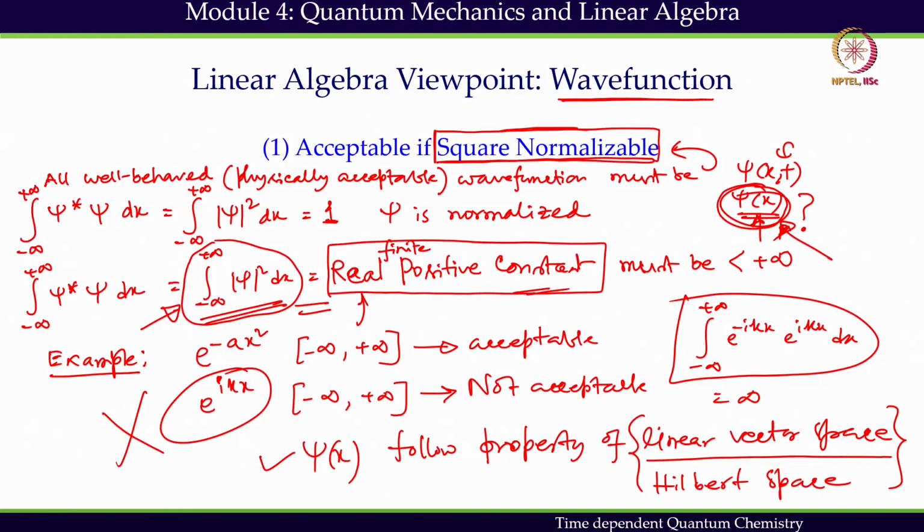It is like we are living in the solar system, and any living being in the solar system will follow similar properties. Similarly, if the wave function lives in Hilbert space or linear vector space, it means it must be square normalizable. There is a consequence, and that is the reason why I can use linear algebra. Otherwise, I cannot use linear algebra.